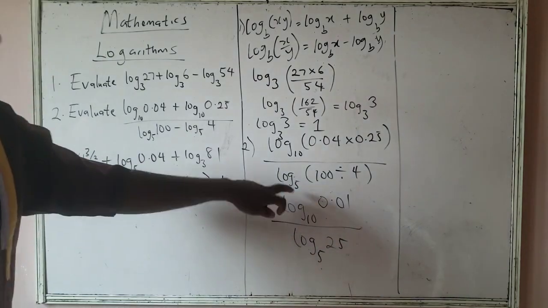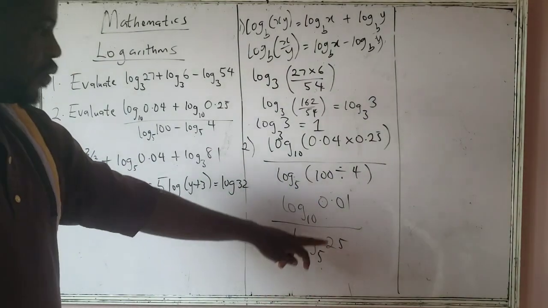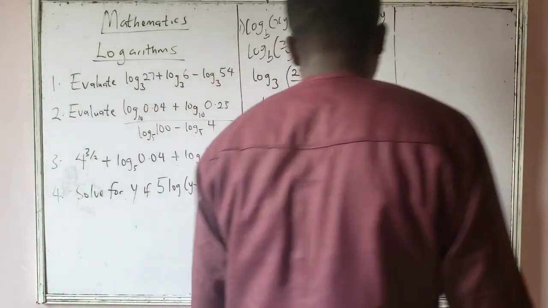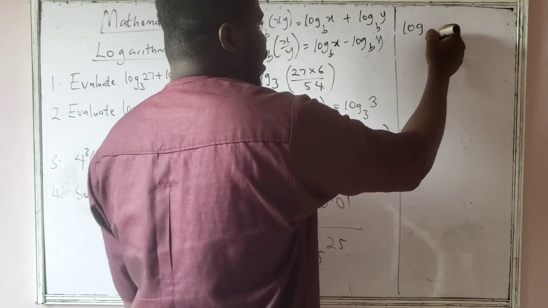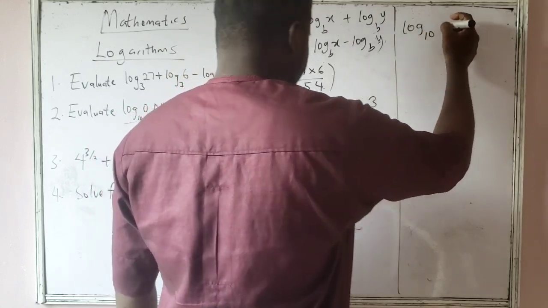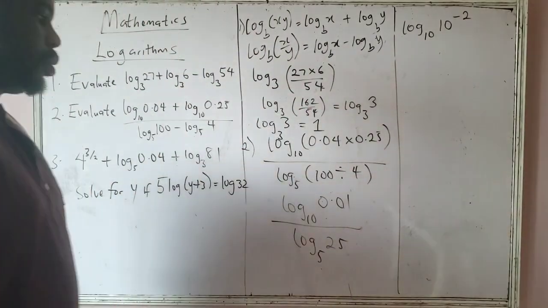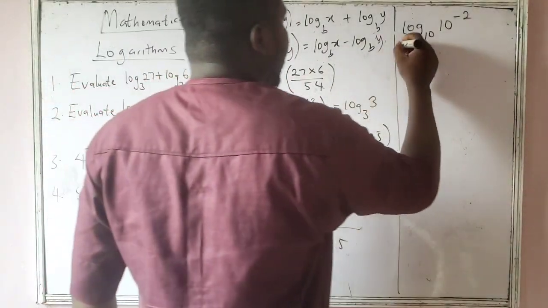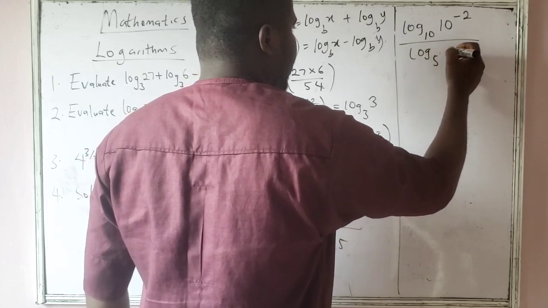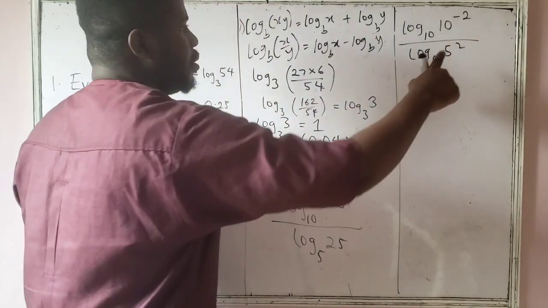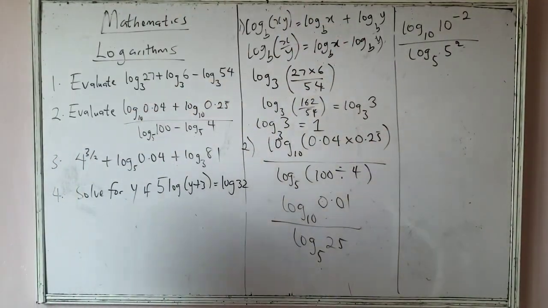So we can now simplify this further, and how can we do that? We'll convert this to standard form. We can also write it like log 10 raised to power minus 2 over log 5 and log, because 5 raised to power 2 is also 25.